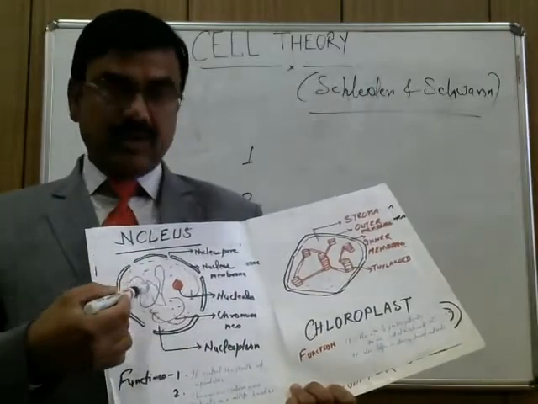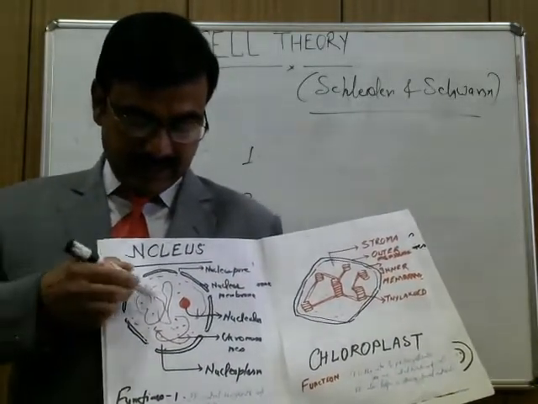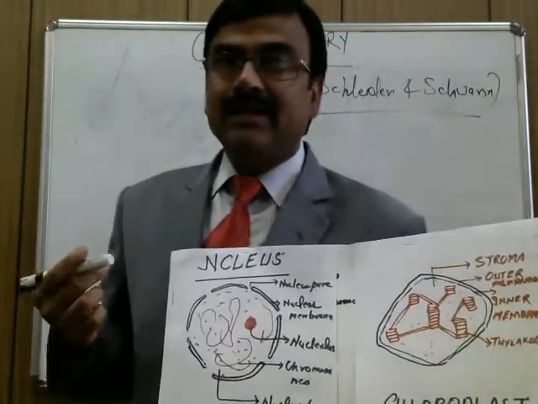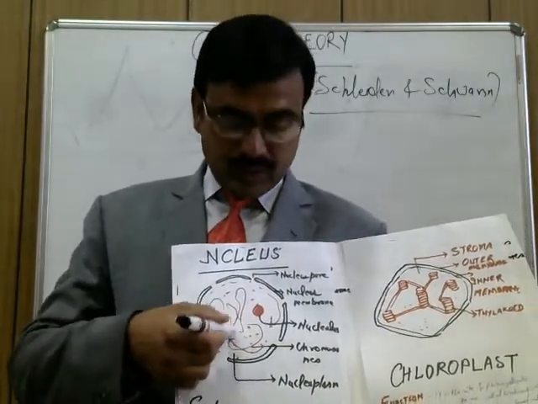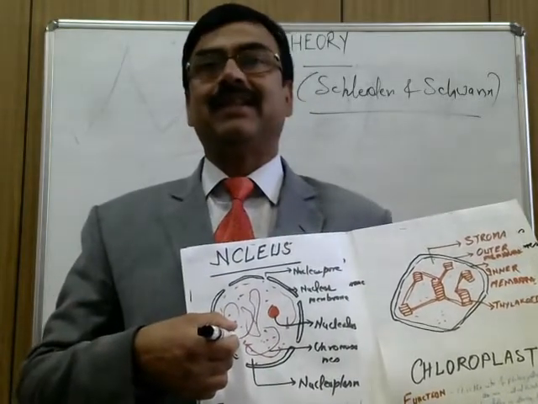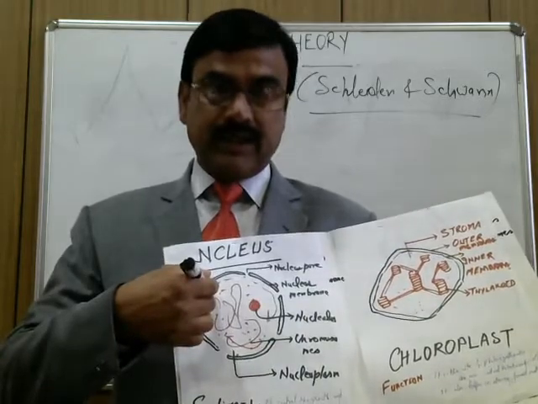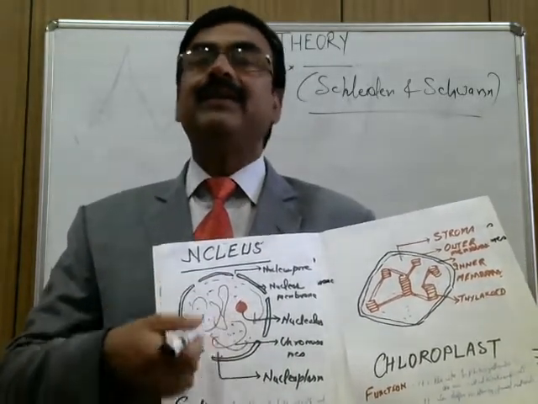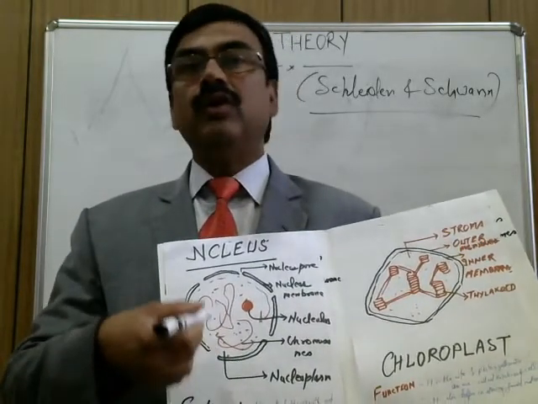After this, look at this thread-like structure. This thread-like structure is called chromosome. The chromosomes are floating inside the nucleus. They are never present outside the nuclear membrane, never in the cytoplasm, but always present in the nucleus, in the nucleoplasm.